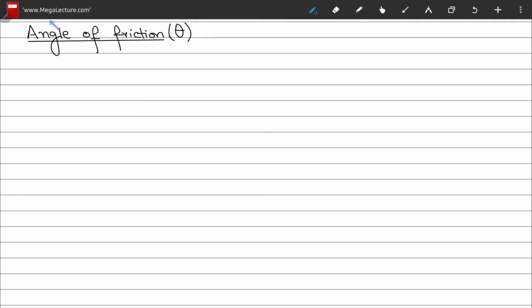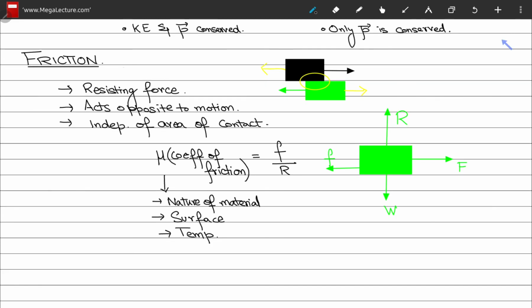Now we can also define something that is called the angle of friction, which we'll represent with the symbol theta. If you go back to this figure over here, you can draw a resultant between your normal reaction and the limiting friction force. The angle theta is the angle between your reaction force and the resultant R1 of your reaction and the friction force.